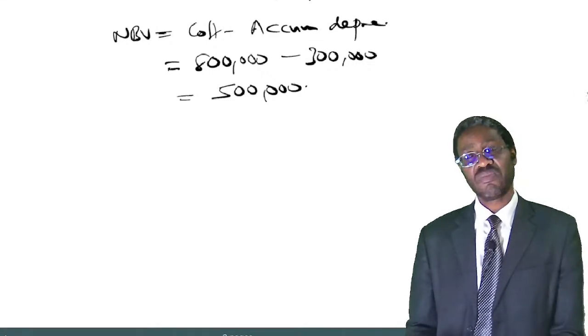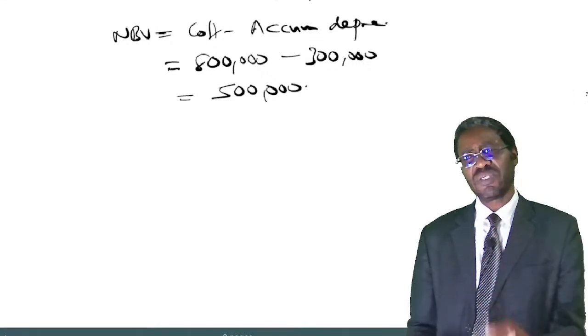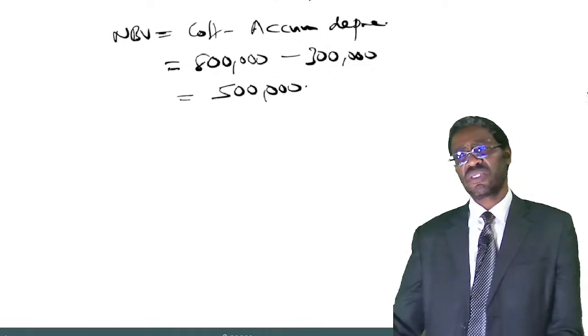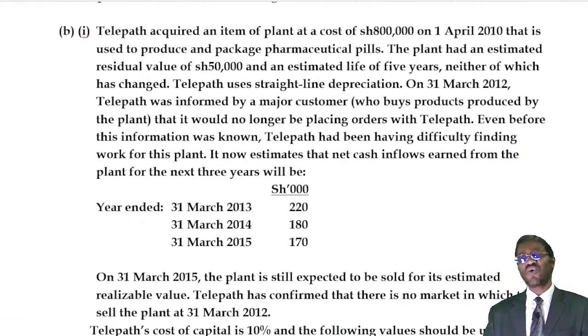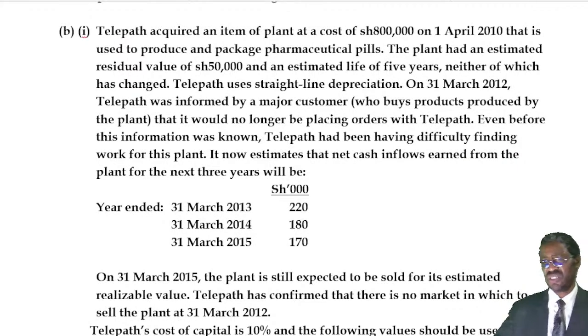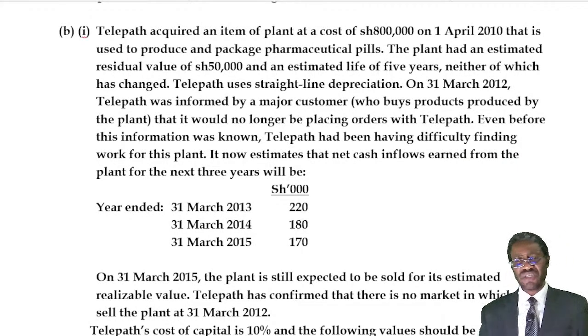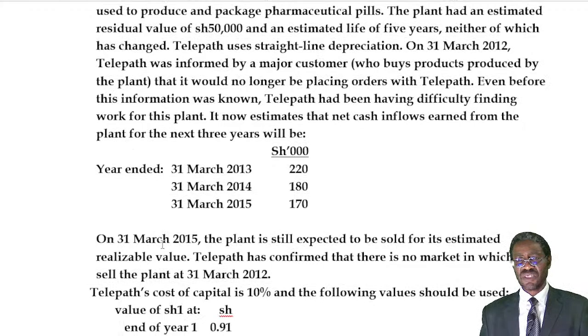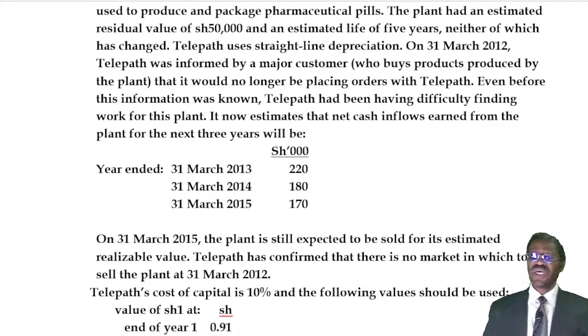Now listen, you remember the question told us that they could not get somebody to buy the machine or the plant. Where was that information given to us? Yes, after the tables of the cash flow, they have told us that on 31st March 2015, the plant is expected to be sold for its estimated realizable value.